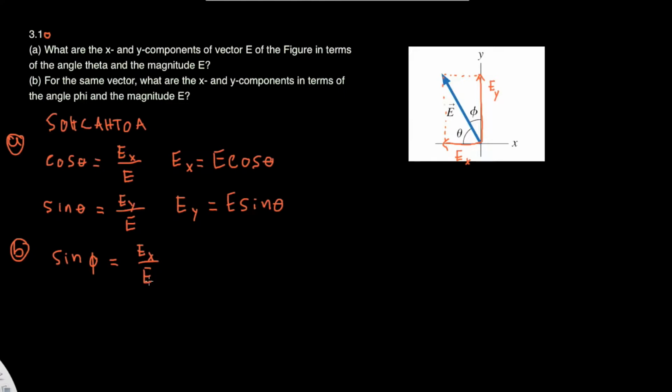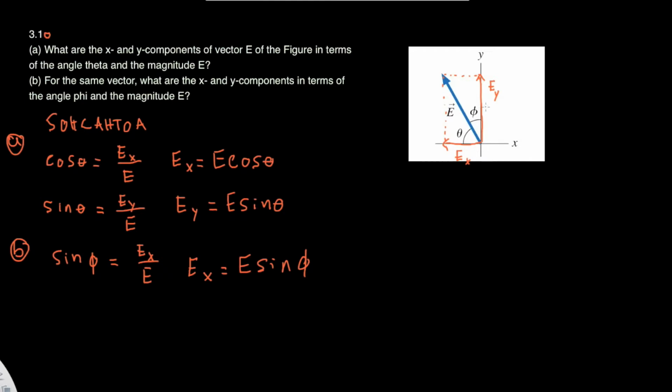Sine is opposite over hypotenuse. And again, we just solve for E sub x. So E sub x is going to be E times the sine of phi. And that's our x component. Now for the y component, we do a very similar thing. So we want to find this side of the triangle over here. So now we use cosine, right?